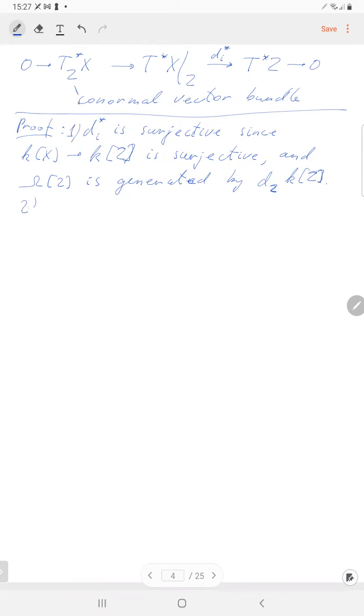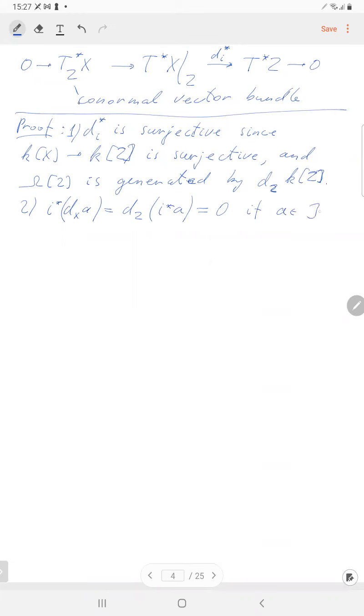The second point is that the pullback of the Kähler differential of a function on x is the Kähler differential on z of the pullback of this function, and this is 0 if a lies in the ideal.